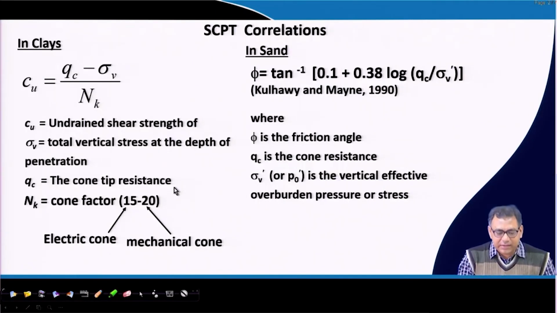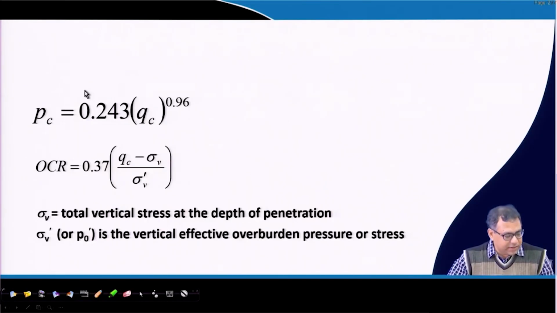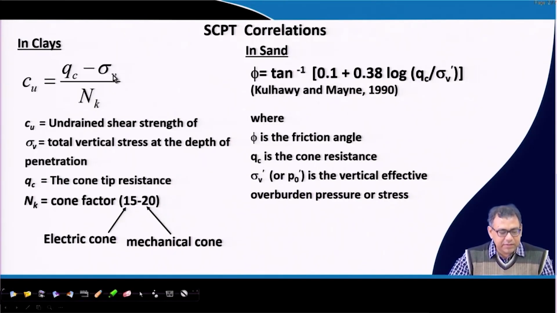Once you get this cone resistance and the friction resistance, then we will use correlations, like for SPT also. For all the field tests, SPT, CPT or other cone penetration tests, a number of correlations are available, but I am giving a few of them. So, for clay we can determine the undrained shear strength or undrained cohesion by using Cu = (QC minus sigma V) divided by Nk.